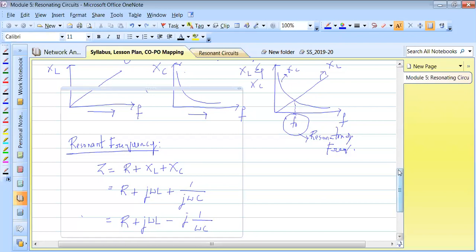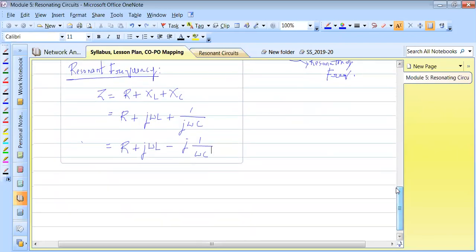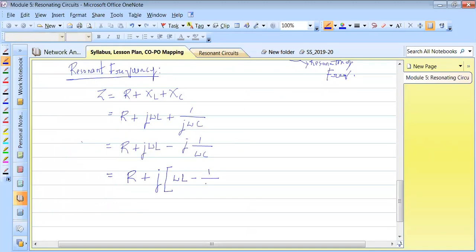Now in the second and third part, we can take j common. So how does it look? R plus j, and then what we get after taking j out is this. Now what is this? This is actually your impedance.